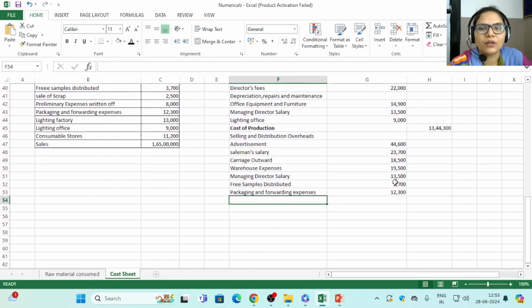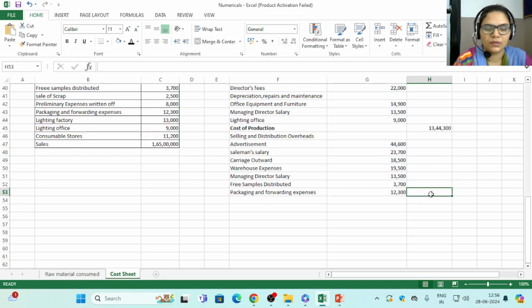Now we will add all these amounts and mention them in the total amount column: 1,35,800.